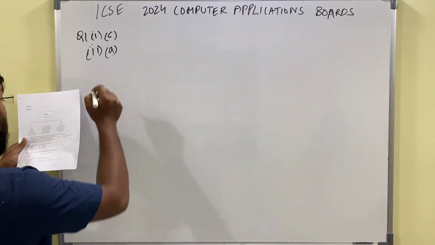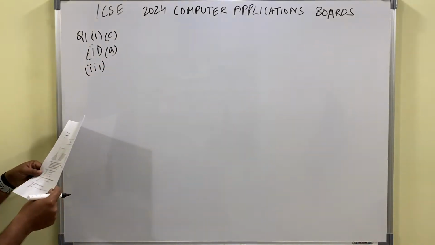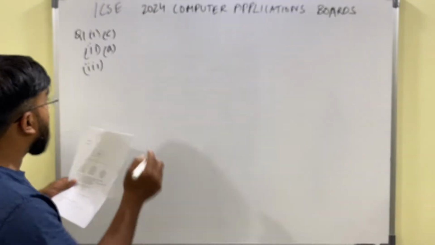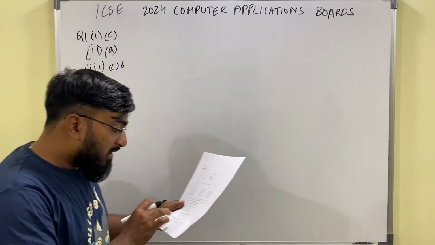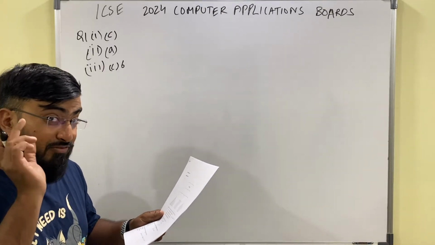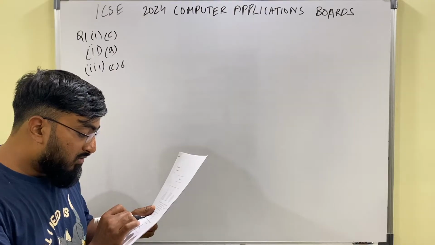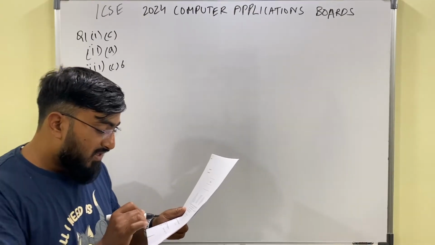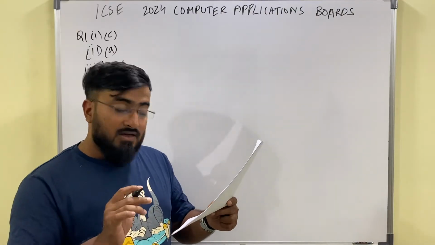Part 3, we have the output of the statement concentration.indexOf('t') is 6. You have to find the index where t occurs first in the concentration. Index 0 is C, 1, 2, 3, 4, 5, 6. The first index where you find capital T in this string is index 6.